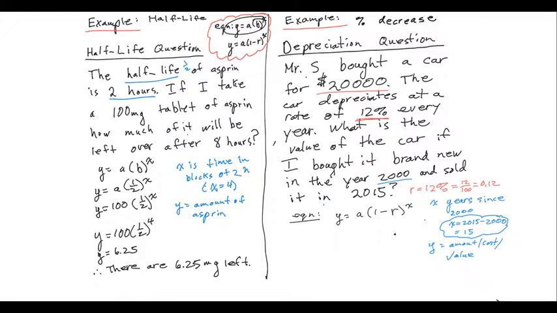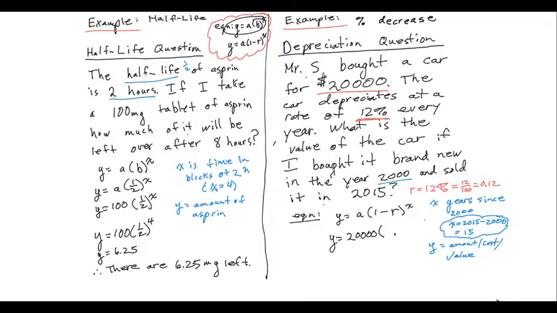Now you'll see problems like this in your homework today. So let's begin. So let's find out what A is. A, we said, was our starting value. So A in this case is 20,000. And then our R value we said was 0.12.